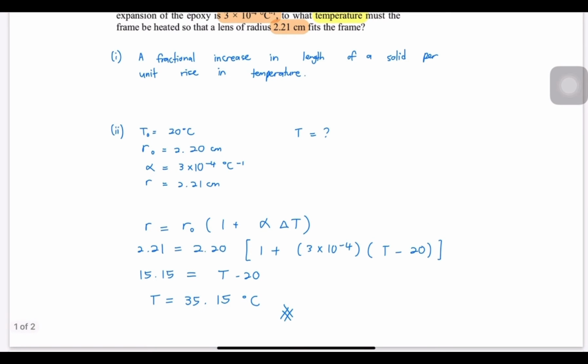The initial temperature is 20 degrees Celsius, the initial radius is 2.2 cm, the coefficient is 3 times 10 to the power of negative 4 degrees Celsius to the power of negative 1, and the given final radius is 2.21 cm. So what is the final temperature?